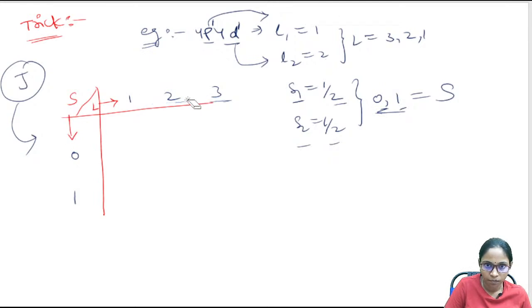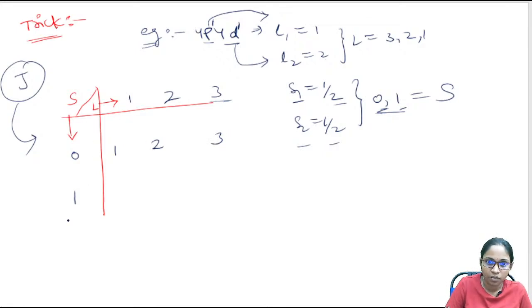Now you just add these values. 1 plus 0 is 1, 1 minus 0 is 1. 2 plus 0 is 2, 2 minus 0 is 2. 3 plus 0 is 3, 3 minus 0 is also 3.